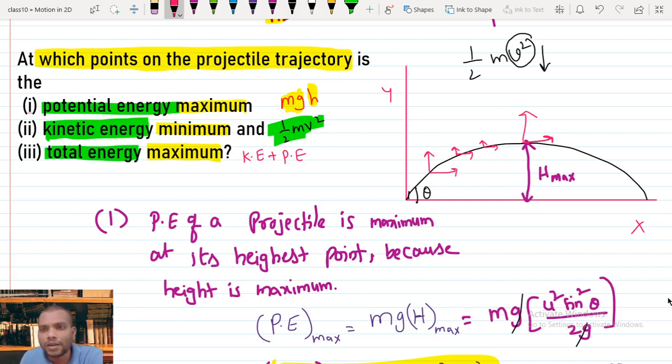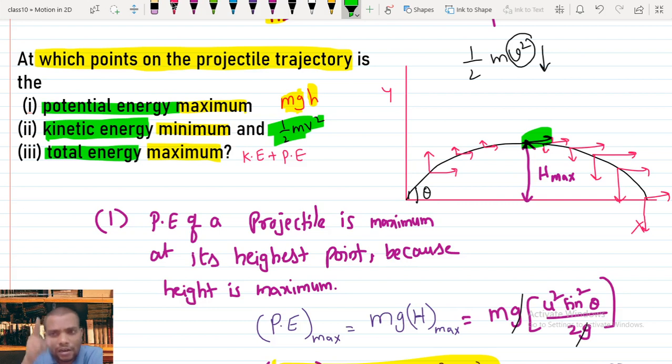And soon after that, again the velocity increases. The vertical component of velocity increases, while the horizontal velocity remains constant throughout the projectile motion. At the end, the velocity will be the same as what it was at the start. But at the highest point something special happens.